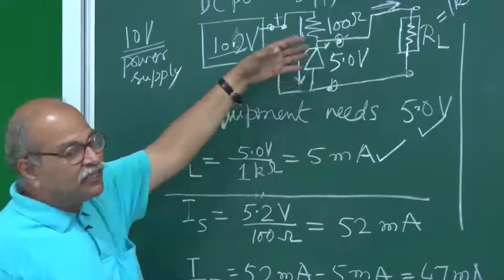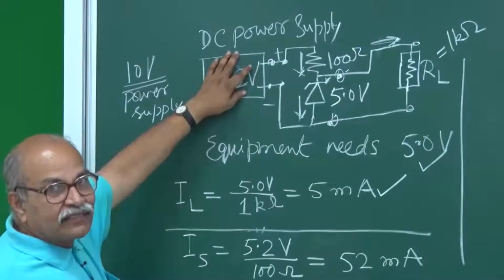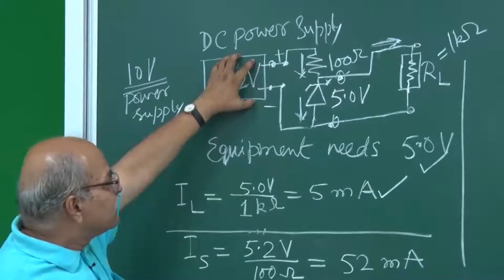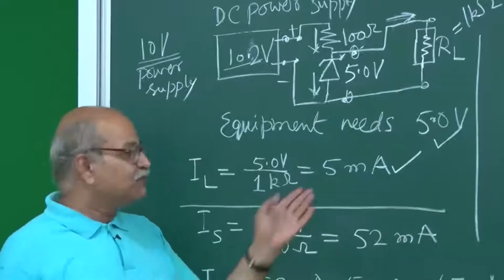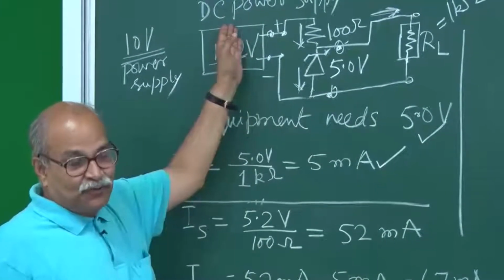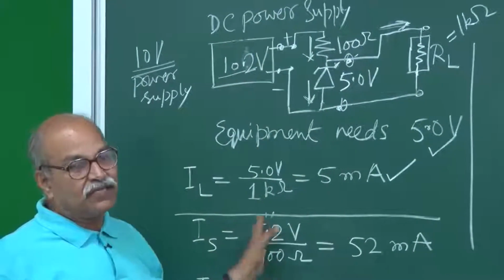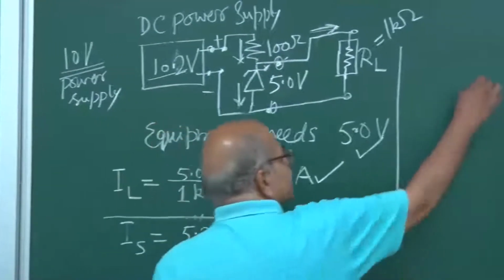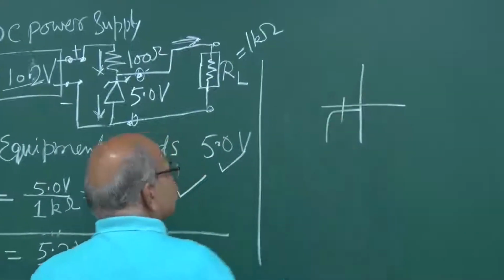But remember, your fluctuation should not be so high that this voltage goes less than the breakdown voltage. Then this will not work. If it is meant for 5.0 volt and supply voltage goes to 4.8 or 4.7, then this whole thing will not work, because then you are not in the breakdown region. You are somewhere here.